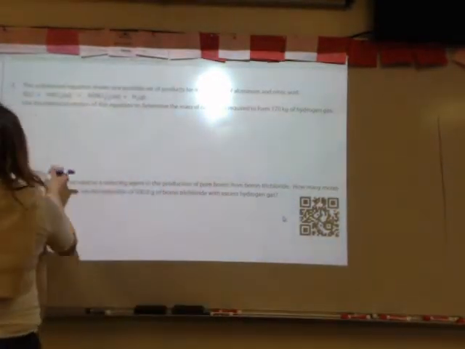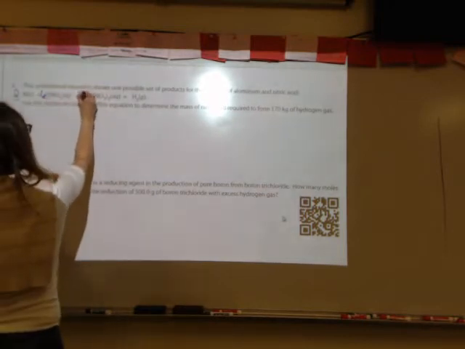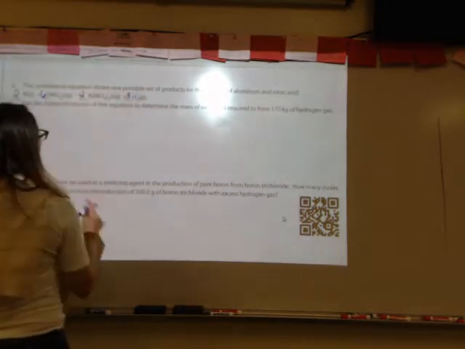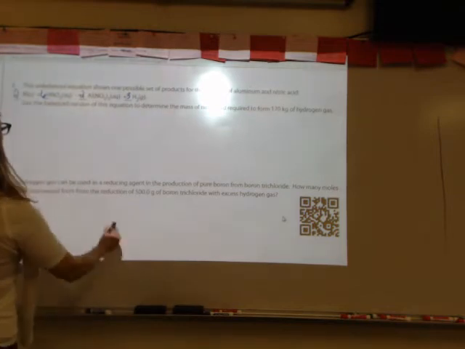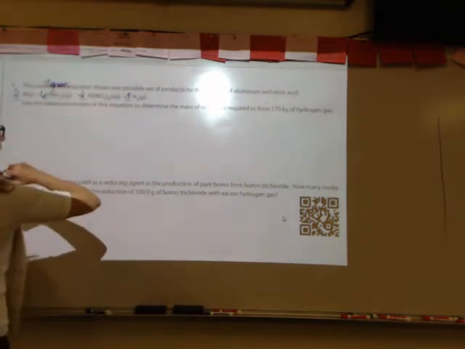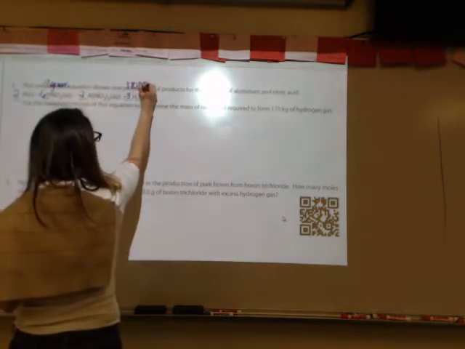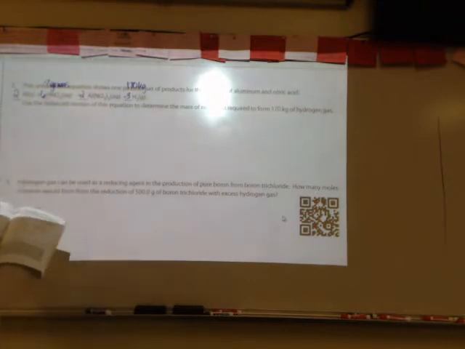So let me balance this for you. It's 2, 6, 2, 3. Determine the mass of nitric acid. So we want to know HNO3 in grams. And we are forming 170 kilograms of hydrogen gas.